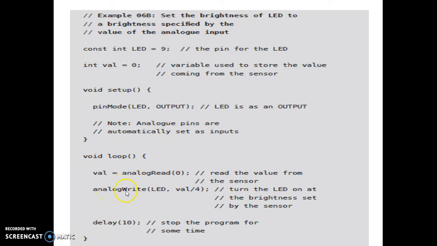Now you can see analogWrite, LED gets the value. One specific thing is val divided by 4. Whatever value is read will be divided by 4. The reason is that when you read analog data, it varies from 0 to 1023, whereas with analogWrite you can write a maximum of 255, so 0 to 255.